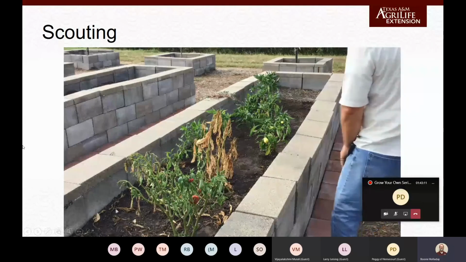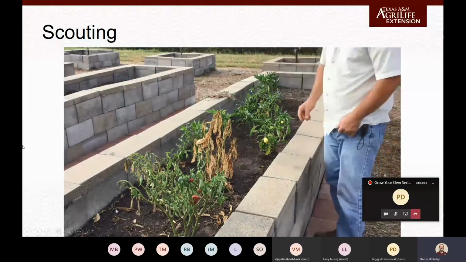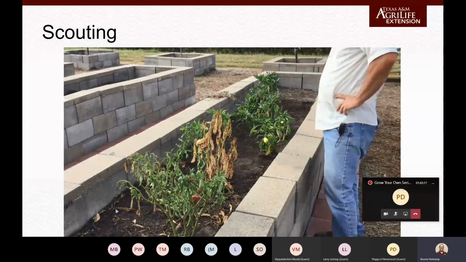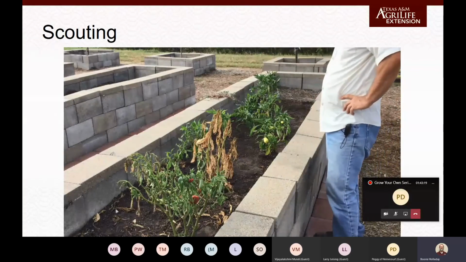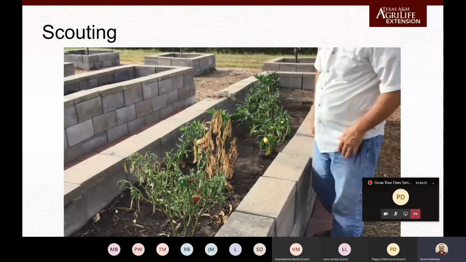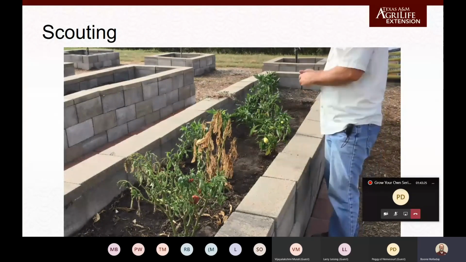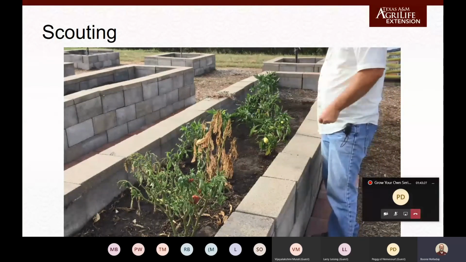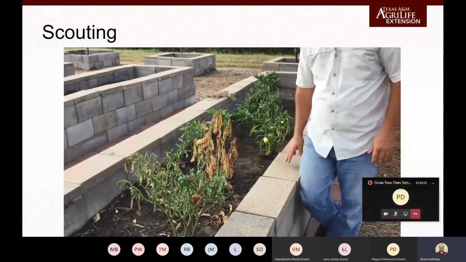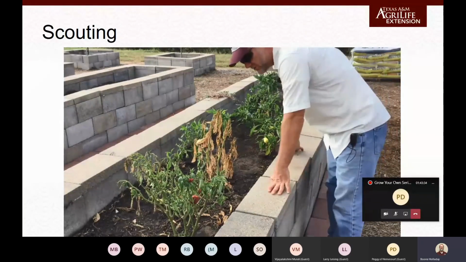Okay. So what we see right here is a bed of peppers. And these peppers look like they may have been planted in spring, and seasoned through the summer and cut back to try to grow back up.